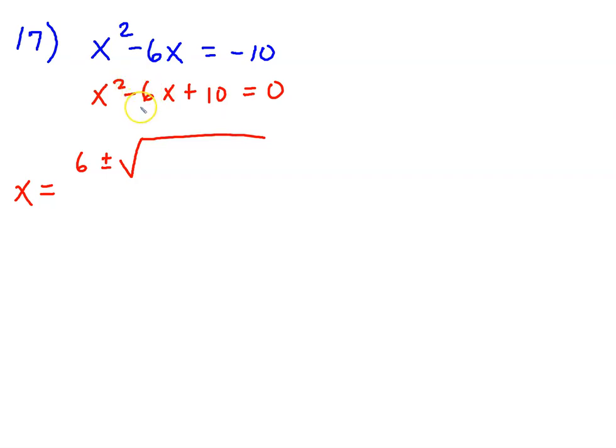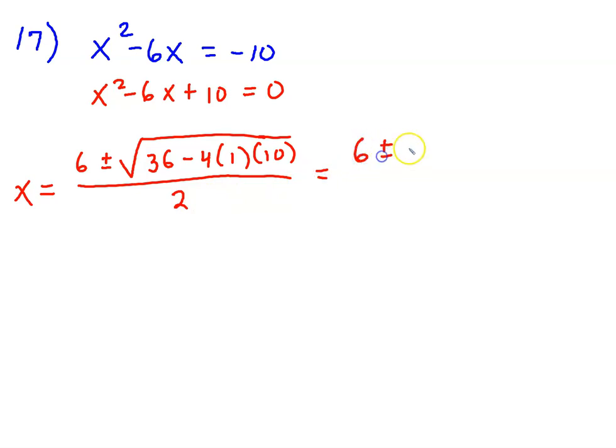Be careful here. When you square negative 6, you're going to get positive 36. That number should never be negative. When you square a negative number, it's always going to be positive. Minus 4 times 1 times 10, all over 2 times 1. 6 plus minus, this is going to be 36 minus 40 over 2.